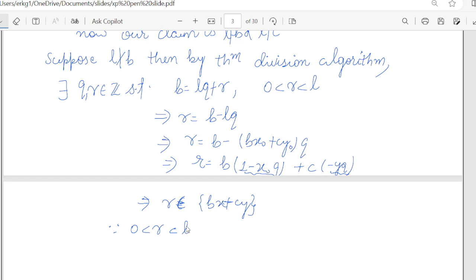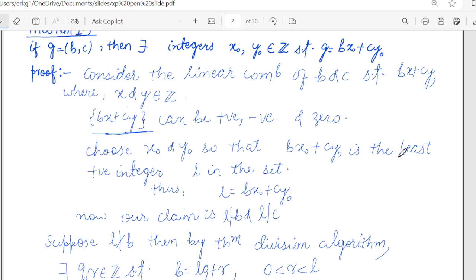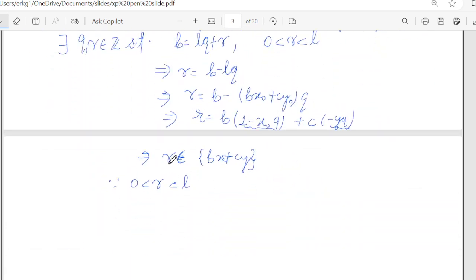We take L as the least positive integer, that is, L is the least positive integer in these sets Bx naught plus Cy naught, and R also belongs to these sets Bx plus Cy, and R is also a positive integer because 0 is less than R. So this is the contradiction.